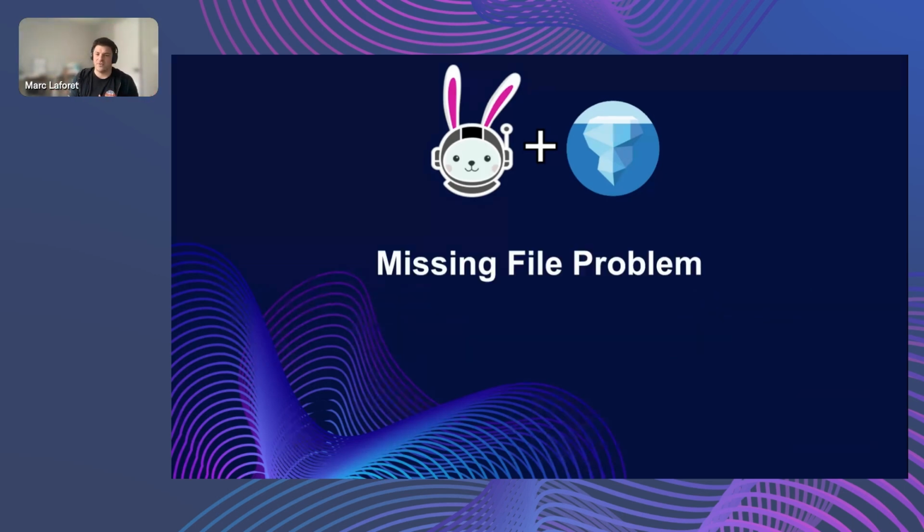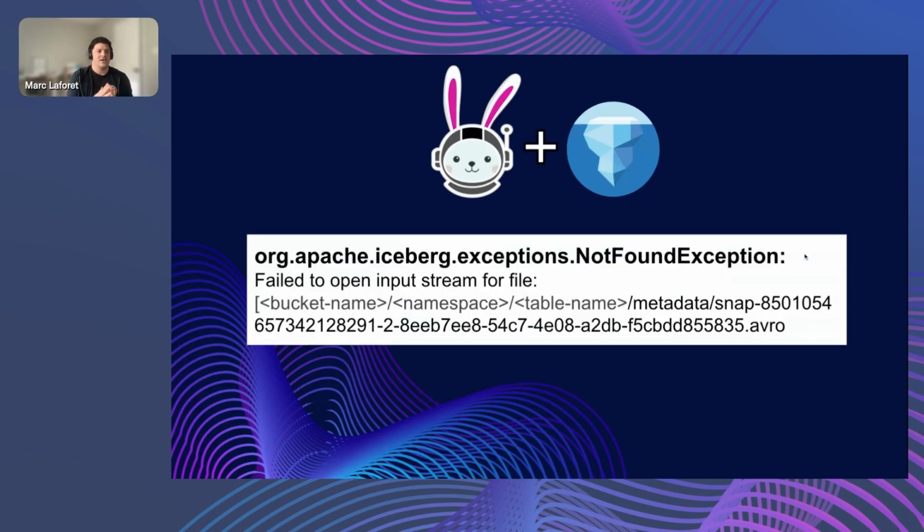Another issue that we started running into a lot was this thing called the missing file problem. Once we started writing in Iceberg, there would be files that Iceberg thought were in its manifest, but they actually didn't exist on GCS or whatever your object store is.